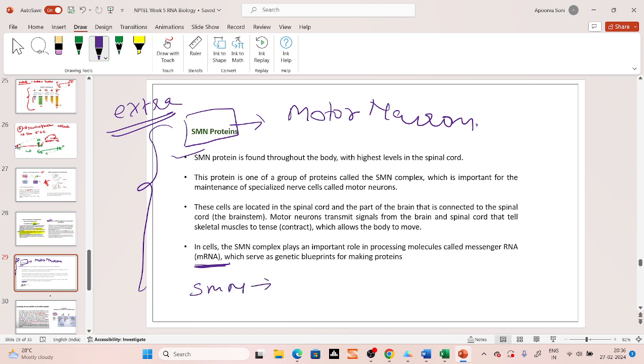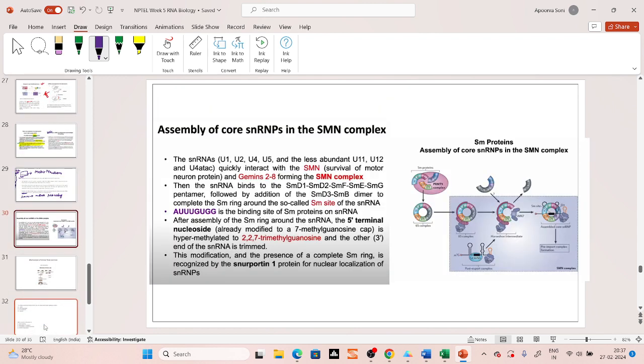How are they required? Let's see. Your snRNAs such as U1, U2, U5 interact with SMN proteins and gemins to form an SMN complex.